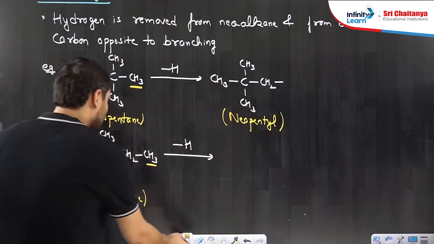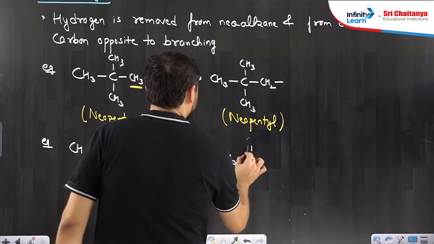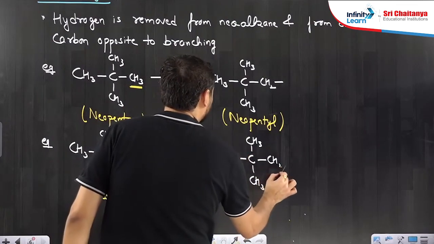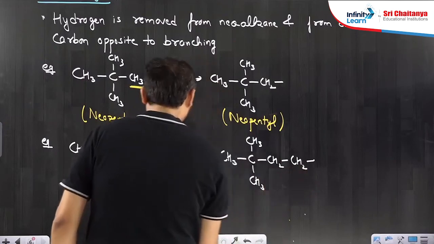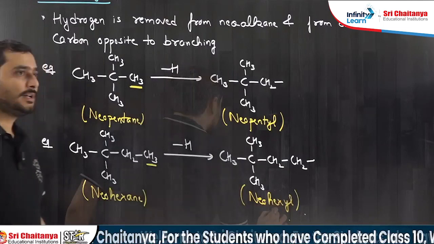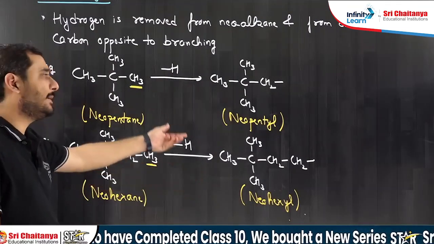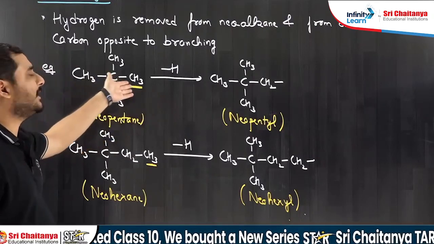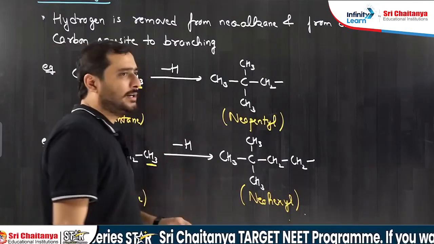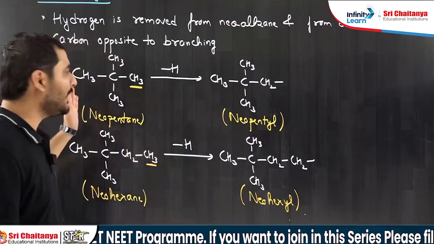Remove hydrogen from this. So what do we get? CH3, C, CH3, CH3, CH2, CH2, one valency is vacant. So this group is called neohexyl. Clear? So it is very easy to draw the structure of neoalkyl. Remove hydrogen from the neoalkane and from the end carbon opposite to branching. So these three are simple: isoalkyl, neoalkyl and normal alkyl.